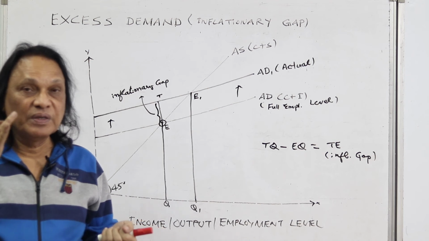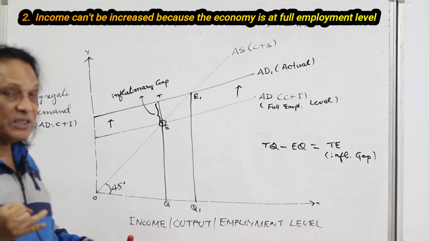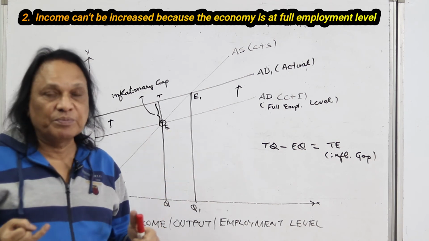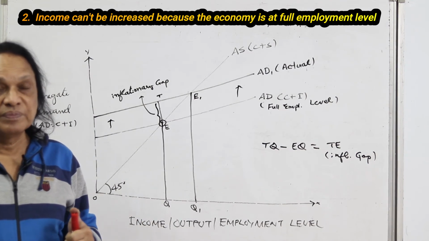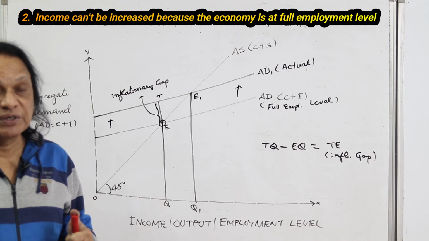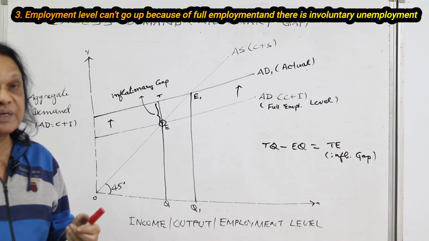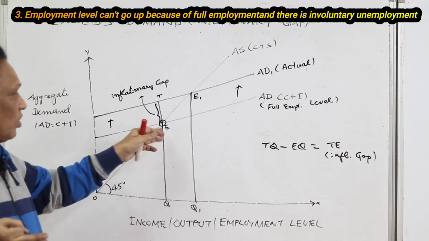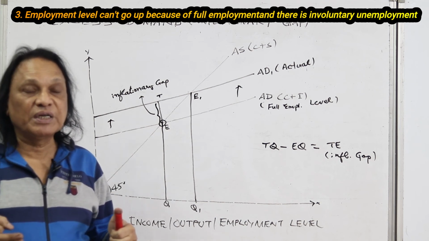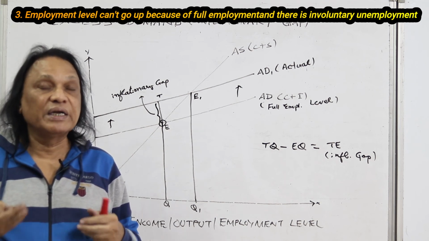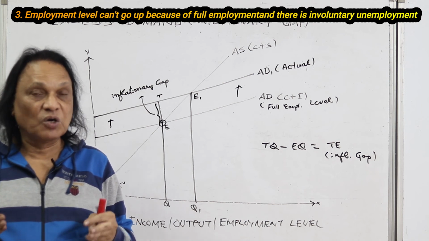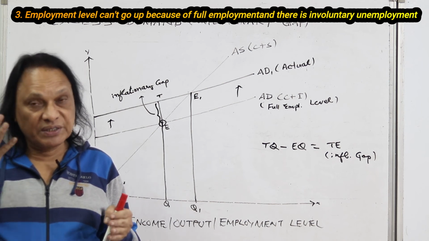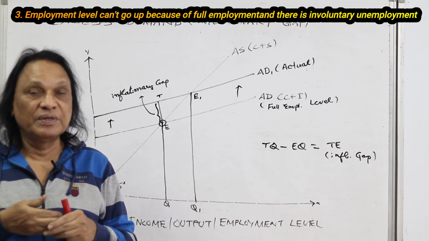Number two, income cannot go up. National income at the full employment is maximum. It cannot go beyond that. Number three, employment level cannot go up because already there is full employment in the economy. That is, people who are willing and able to work at the existing wage rate have been fully employed. Output cannot increase, income cannot increase, employment level cannot increase.